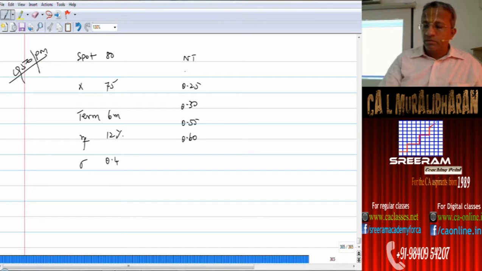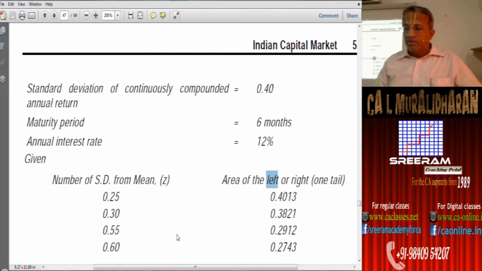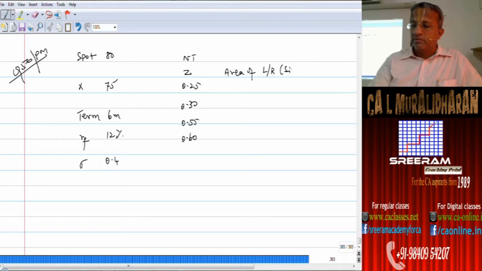These are all Z values. What is it they have reported? Area of this is area of left or right single tile.